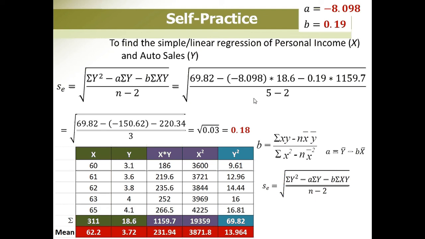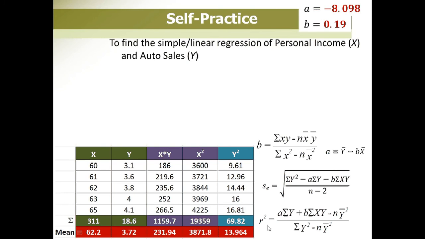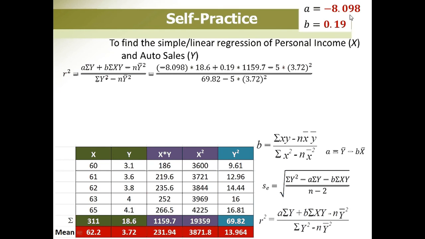Now let's calculate the coefficient of determination. We use the equation r squared to calculate the coefficient of determination. a is what we have just got, minus 8.098, times sigma y, 18.6, plus b, which is 0.19, times sigma xy, that is 1159.7, minus n, which is 5.